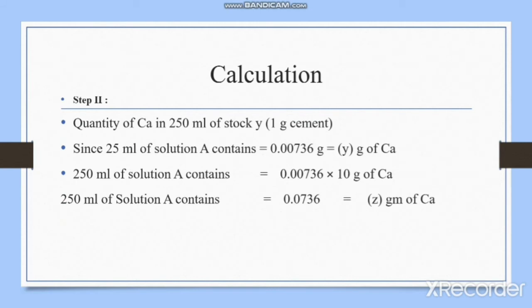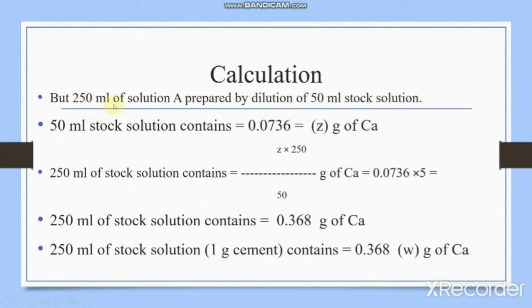Now, the quantity of calcium in the 250 ml stock solution. Since 25 ml of solution contains 0.00736 gram, 250 ml of solution A contains 0.00736 gram into 10, that is, 250 ml of solution A contains 0.0736 gram of calcium. But 250 ml of solution A was prepared by dilution of 50 ml stock solution.